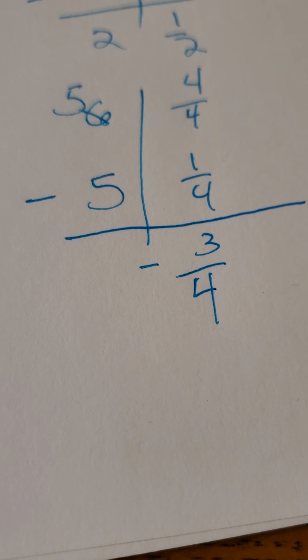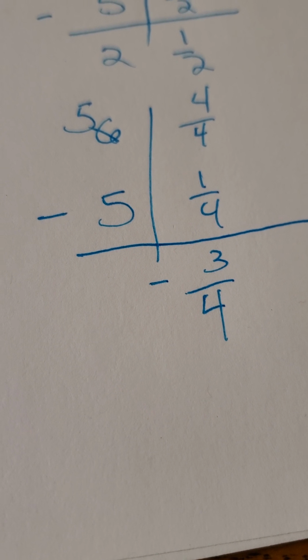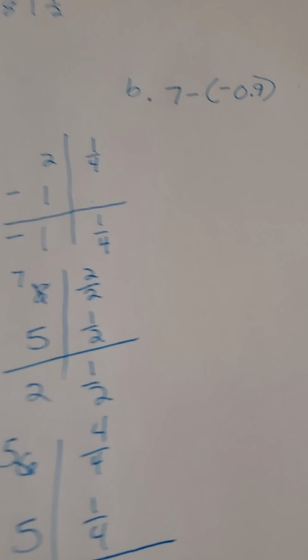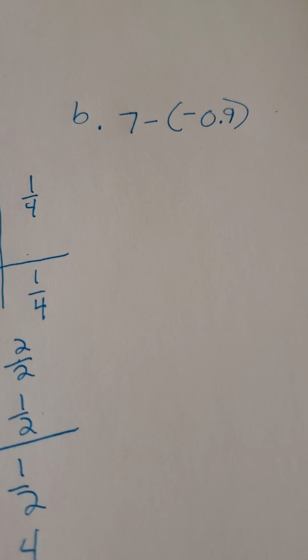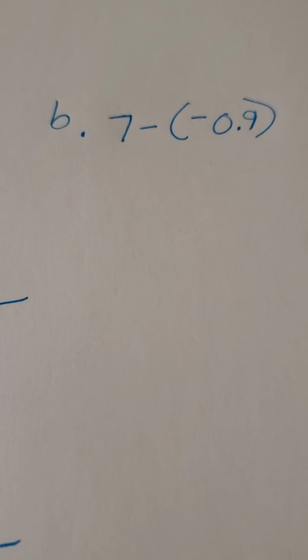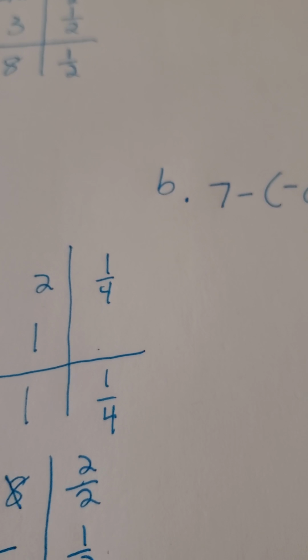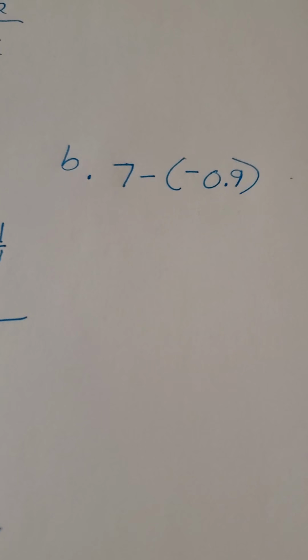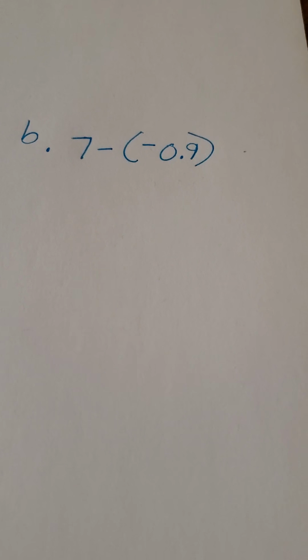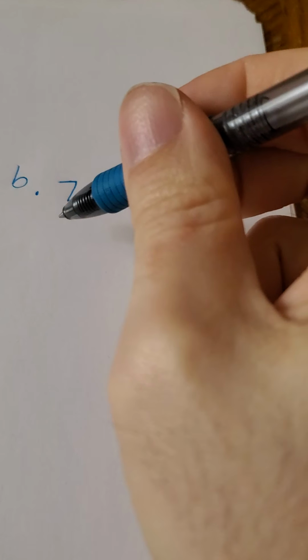All right, so let's talk about problem B, and then you can go ahead and do the rest of them. And this is the first time we've really done much with the decimals with the whole number. So we have 7 minus a -0.9 or 9/10. So first thing, just like before, we want to change everything into an addition problem.